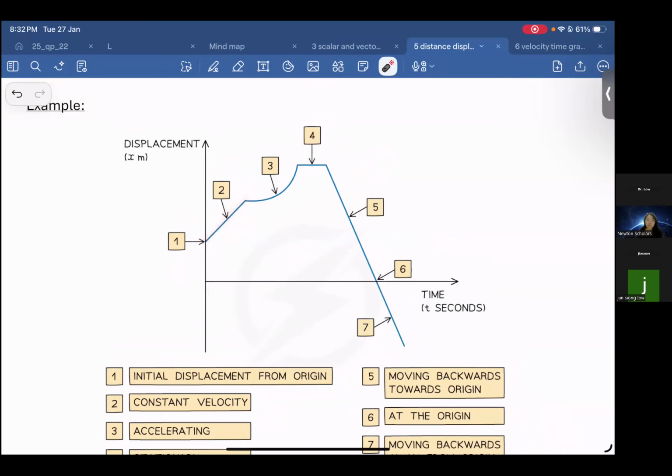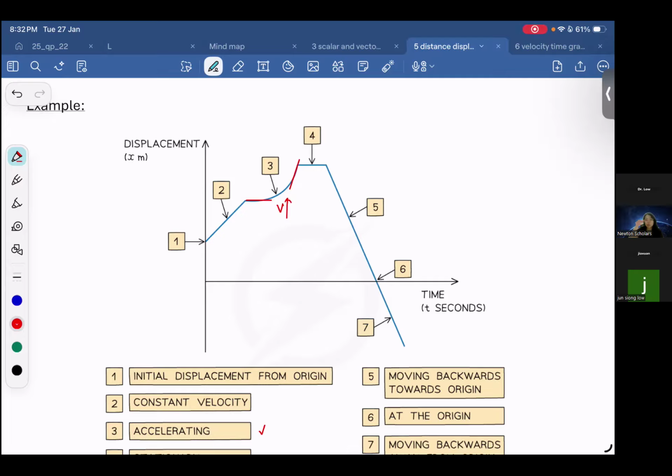So this part should be constant velocity, moving with constant velocity. After that, here we draw a line to show the gradient, and here show the gradient. So we found out that the gradient increases. That means the speed increases, or we say accelerating. Number 3, the object is accelerating at section 3.